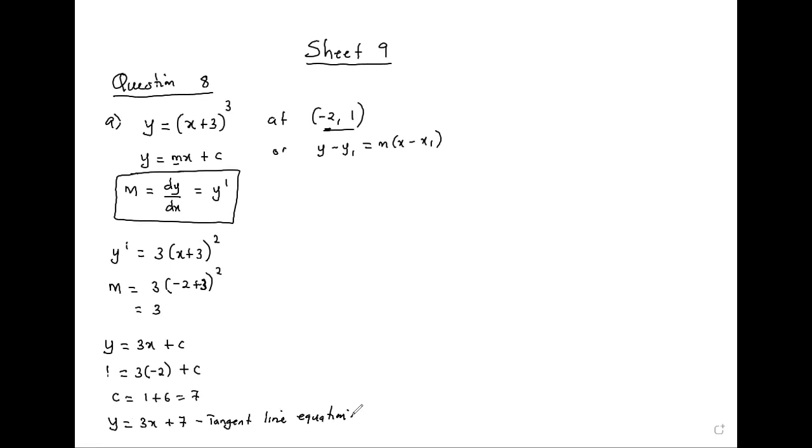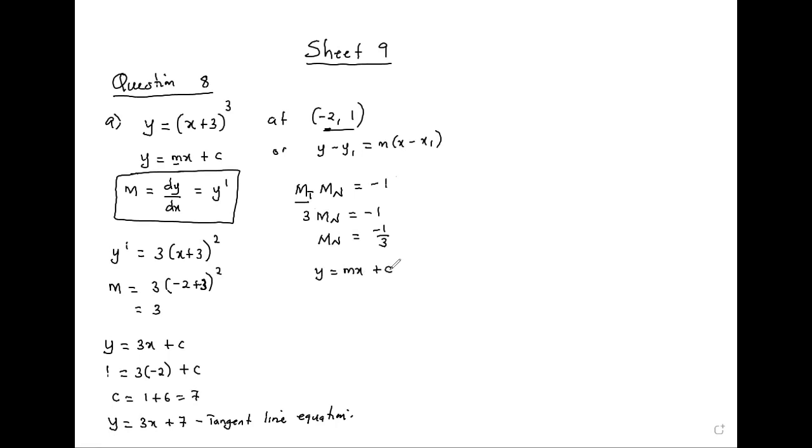To find the normal equation, you find the gradient of the normal. Now the gradient of the tangent multiplied by the gradient of the normal is equal to -1. This is known, it is 3. So 3 times the gradient of the normal is equal to -1. So the gradient of the normal is equal to -1/3. So we'll have y is equal to mx plus c.